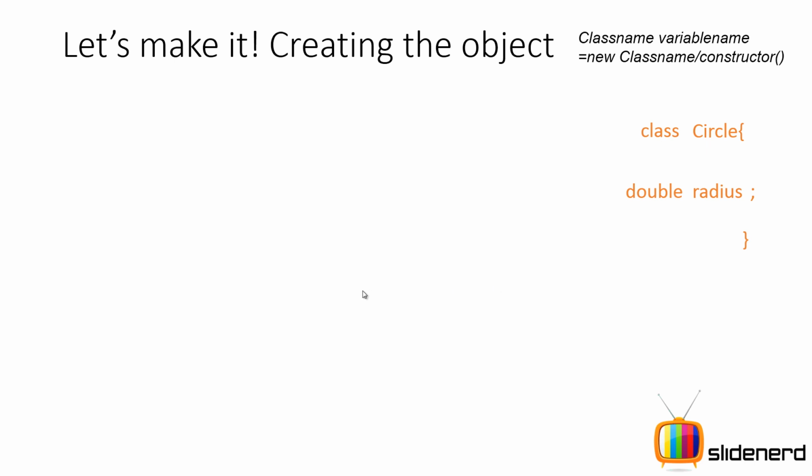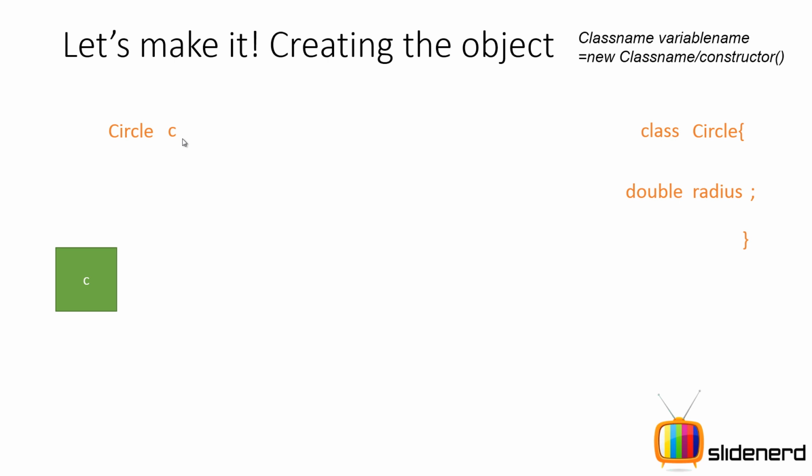To make the circle, I say circle space C. This is the same way as saying int space I. Now when you say int space I, if you remember, some memory is created inside the RAM so that you can store the value of I. But when you say circle space C, memory has not been created yet.